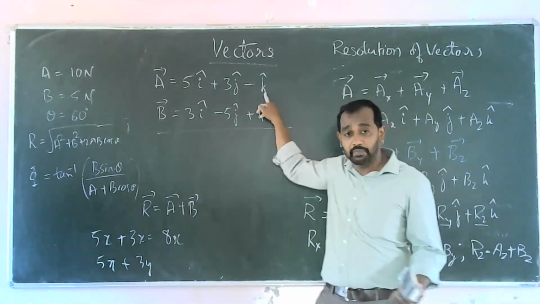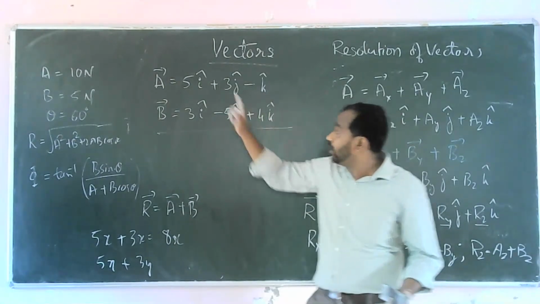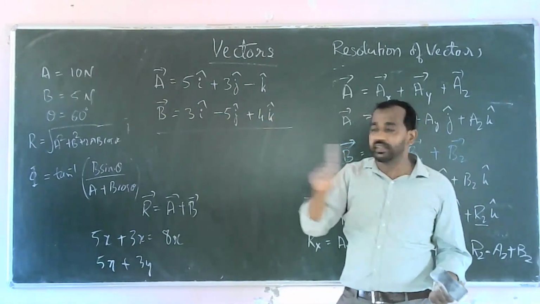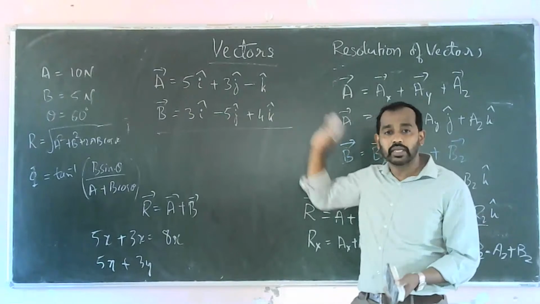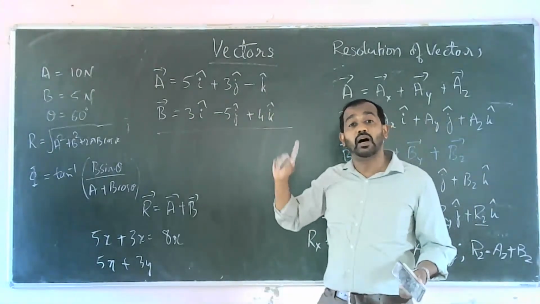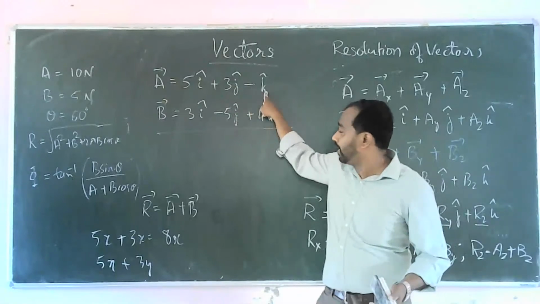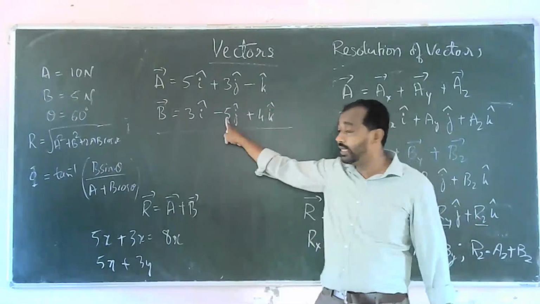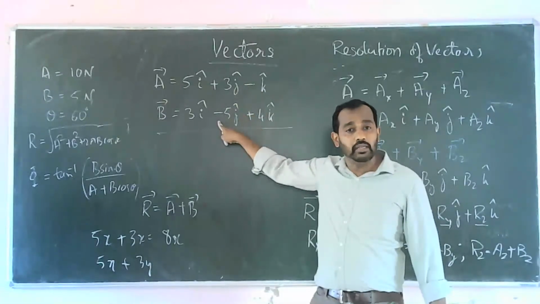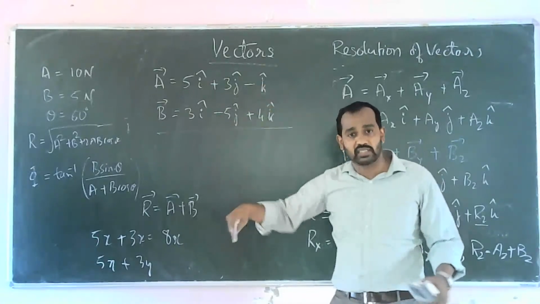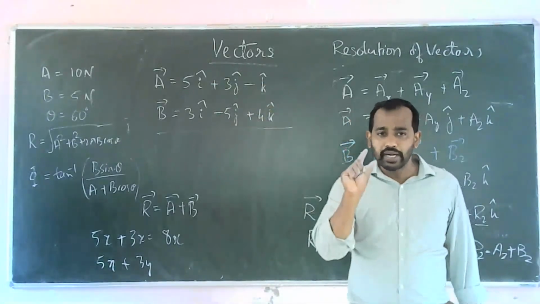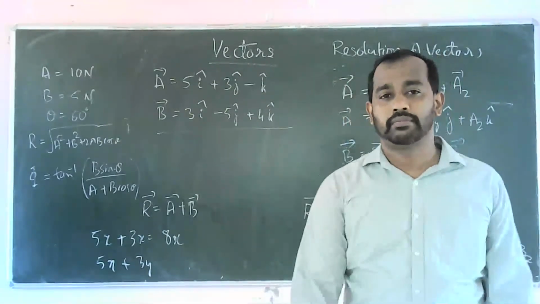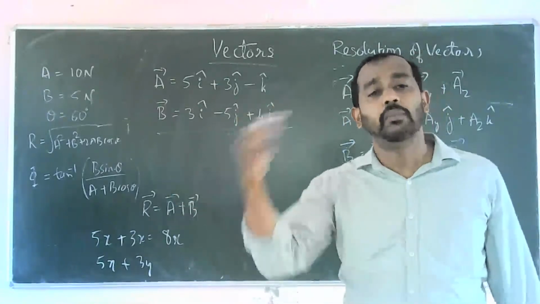Here, minus K cap means the magnitude of the component of A along the z axis is 1, but it is in the direction opposite to K cap, that means along the negative z axis. Similarly here, this is 5 times but along the negative y axis, downwards. In vectors, a negative sign indicates the opposite direction.